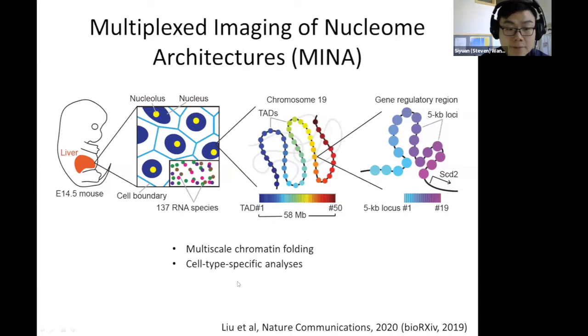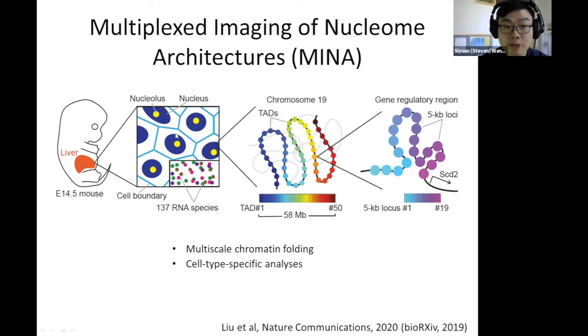And then, in order to do the cell type specific analysis of how the chromatin folds in different cell types, we profiled 137 different RNA species at a single molecule level with a multiplexed RNA FISH technique. 55 of these RNA species are cell type marker genes, so we can distinguish the different cell types despite their similar morphology.